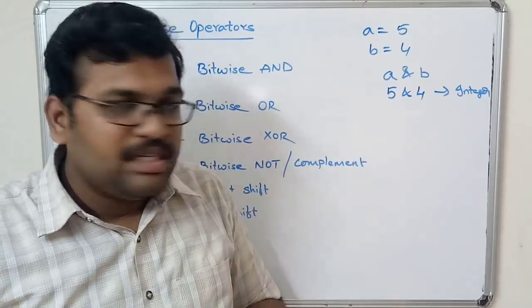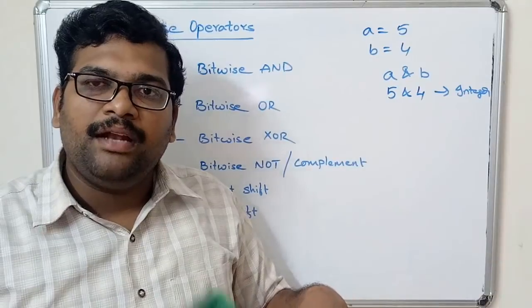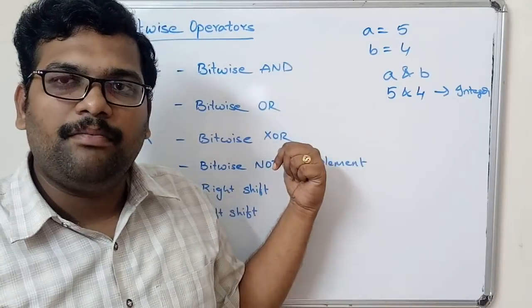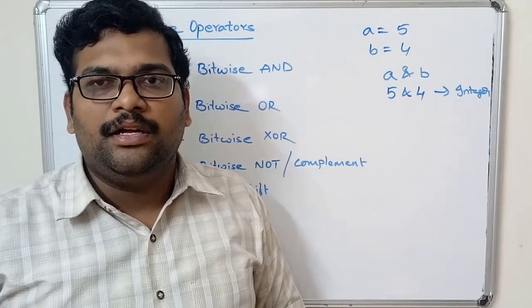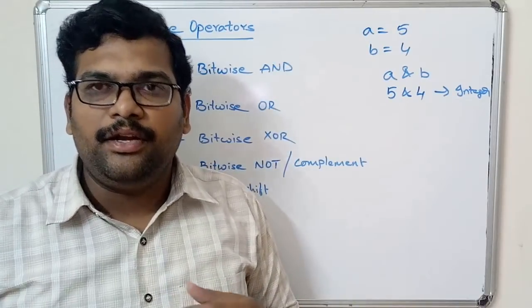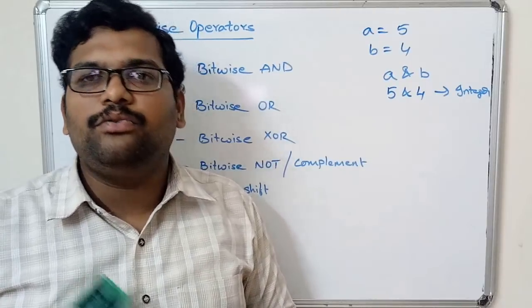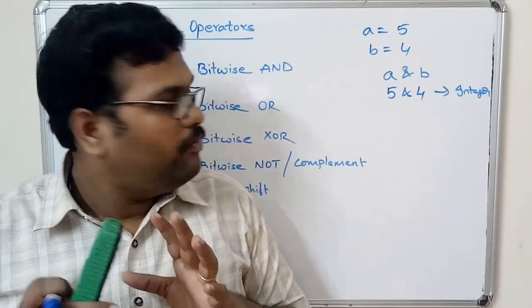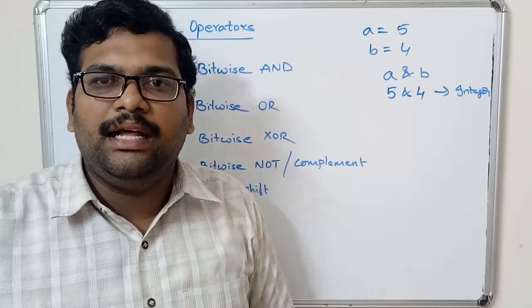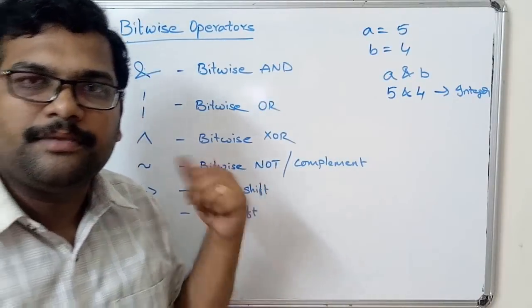So the procedure is: first the decimal value is converted into binary, then the operator is performed, and again the result is converted into decimal. For this purpose we need to know the procedure of converting decimal to binary and binary to decimal. Let us have a brief look at that, and then we will go on with the individual operators.